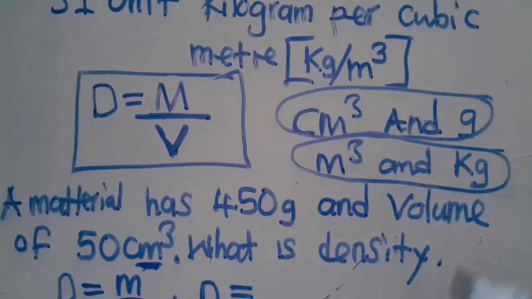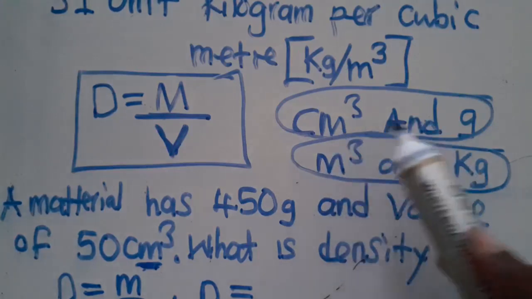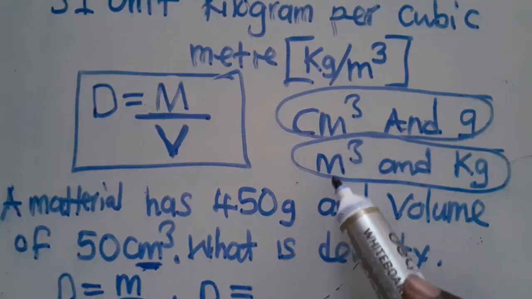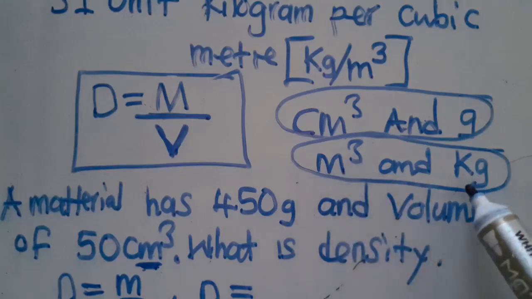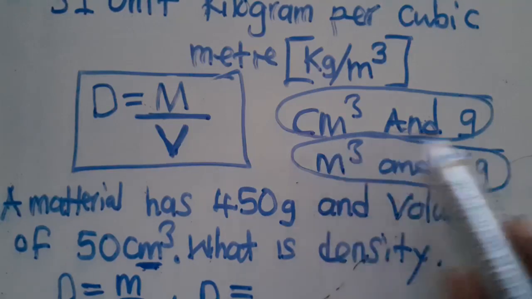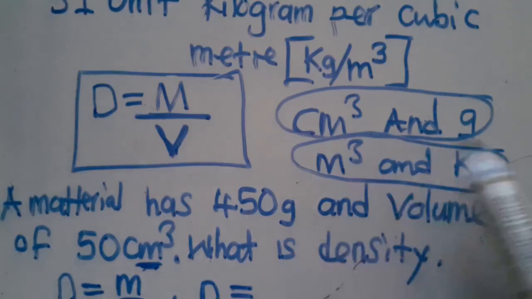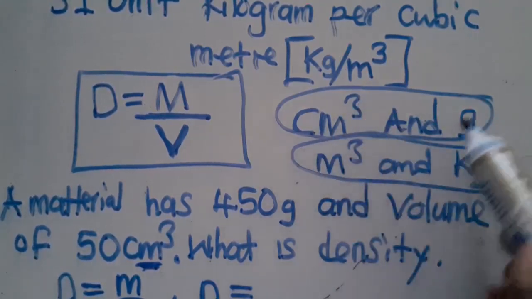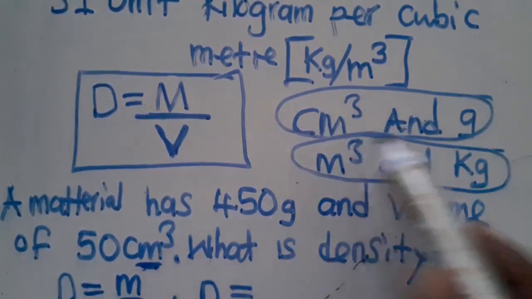They work in pairs. If you see centimeters cubed and grams, or meter cubed and kilograms, you don't need to convert. They are in a pair. So here you just go direct. Hope you've understood this point.